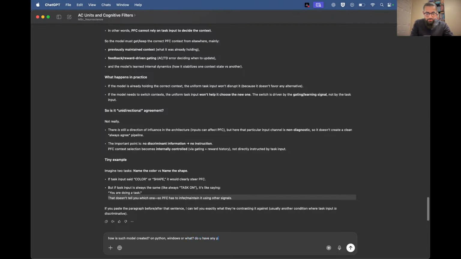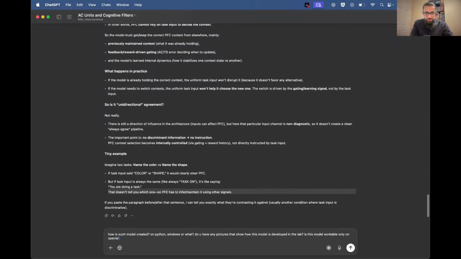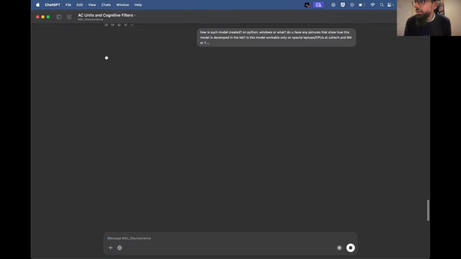Do you have any pictures that show how this model is developed, and how is the model workable for special laptops and CPUs, Caltech and MIT? Or see what it gives us.